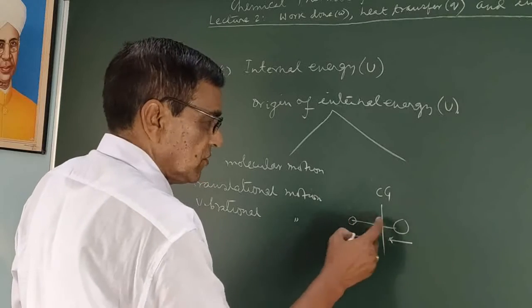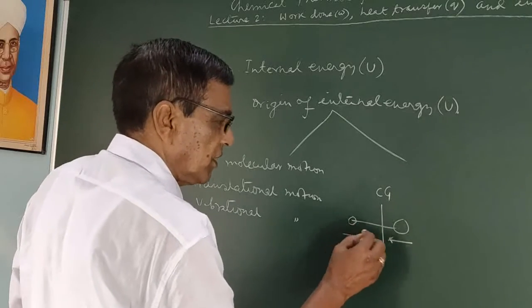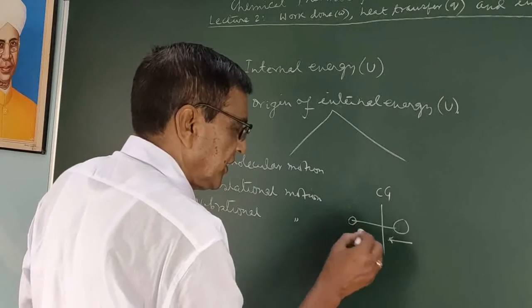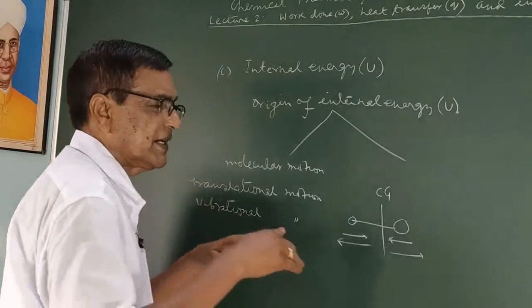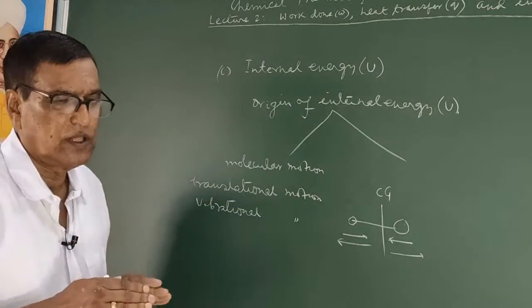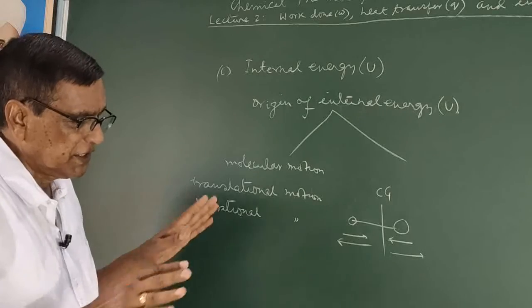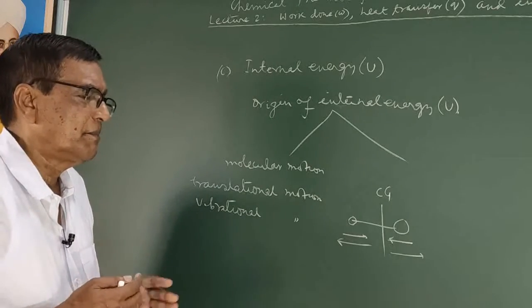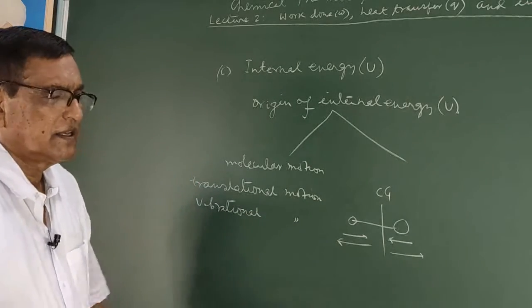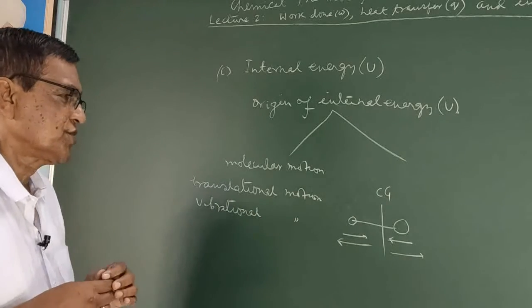The atoms within the molecule are being compressed and elongated, and this elongation and compression goes on continuously, passing through the equilibrium bond distance.